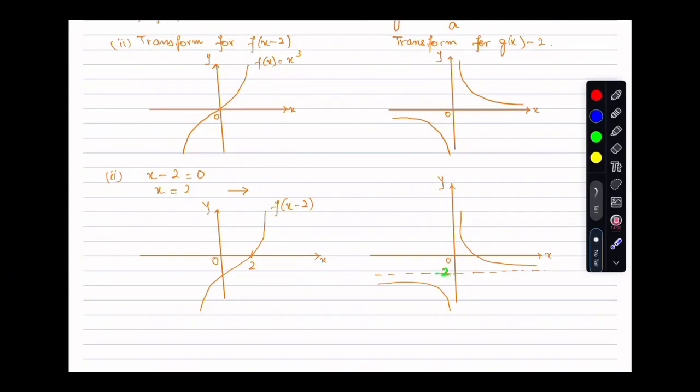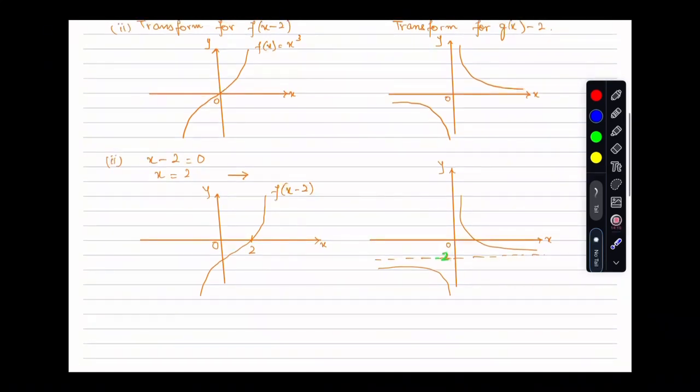Initially the graph was asymptotic towards the x-axis. Now it should get translated towards minus 2. So I have made this line minus 2. The graph is getting translated downwards by 2 units, and this is how the sketch is going to be for this function here.